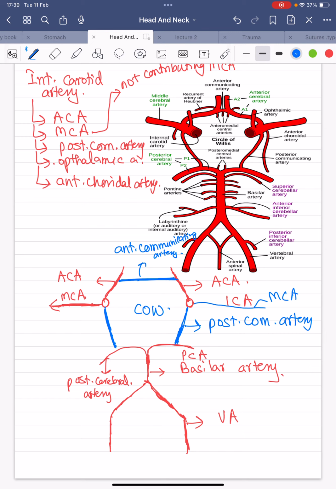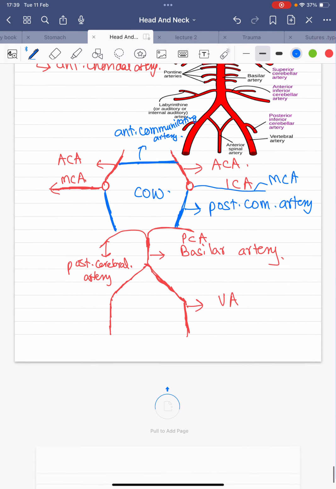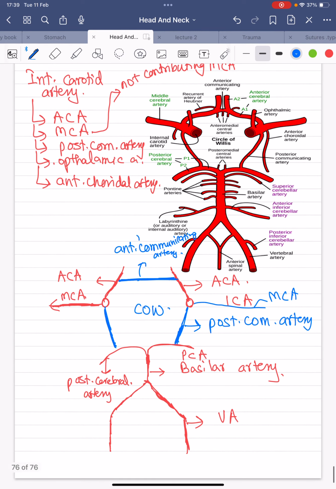Now a very important clinical point which you must remember. At this anterior communicating artery, most commonly you will find the berry aneurysm, which can sometimes rupture and lead to leakage of blood into the subarachnoid space, causing subarachnoid hemorrhage in the patient.